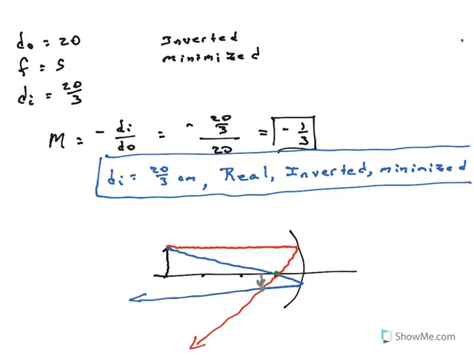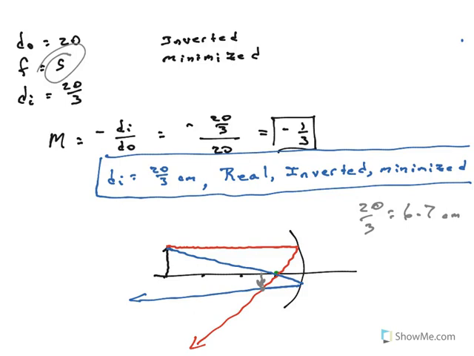So there's my image. Now, does my picture match my analytical method? Well, first of all, the analytical method says my image should be 20 over 3 centimeters away. Well, 20 over 3 is 6.7 centimeters, about. So this says the image should be a little bit further than the focal length, because if you remember, the focal length was 5.